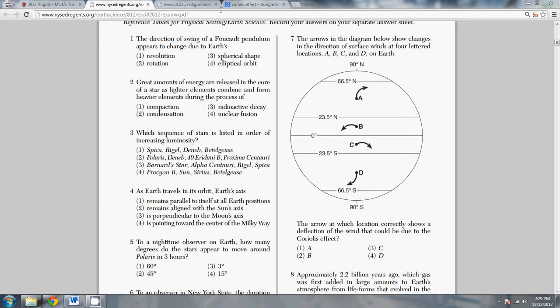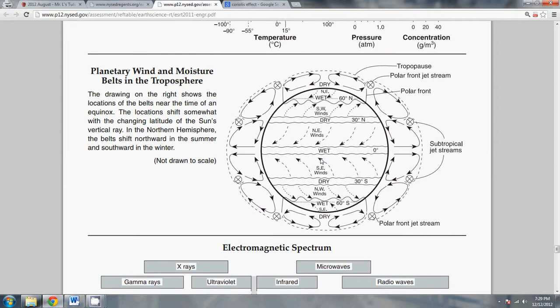But if you turn to page 14, you can see the directions of the winds on Earth. What you need to know is that in the northern hemisphere, up here, all the winds deflect to the right.